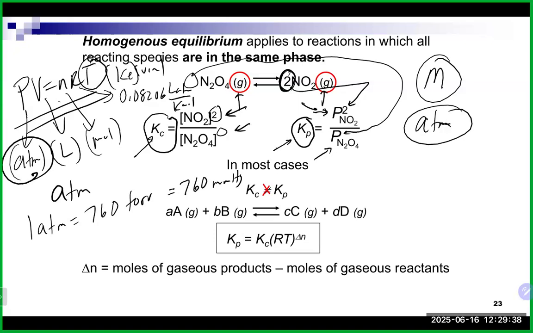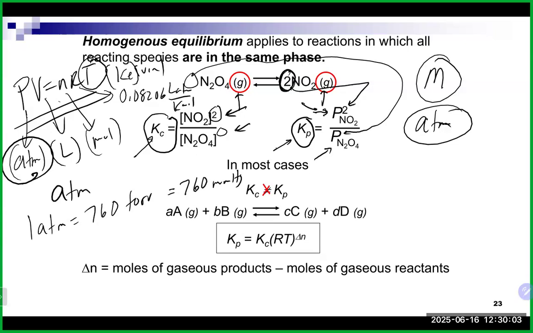In most cases, the Kc value and the Kp value do not equal the same value. Sometimes they do, but in most cases they're not numerically the same, though they do tell you the same thing. So if you have a large value for Kc, you probably should also have a large value for Kp. Maybe not as large, but something still considered large.